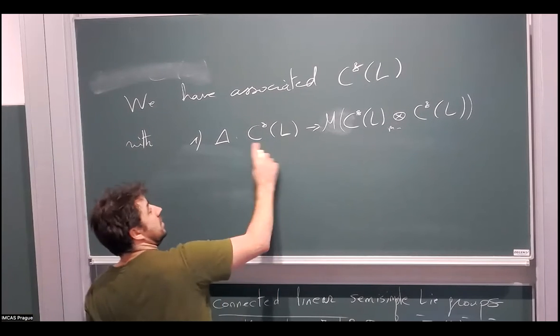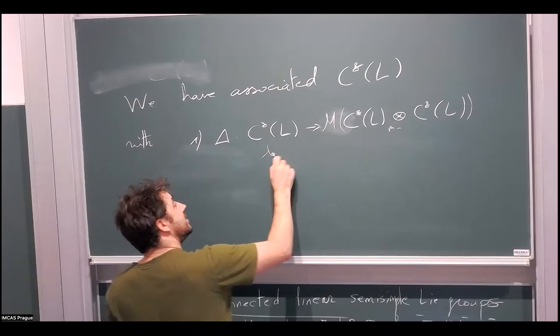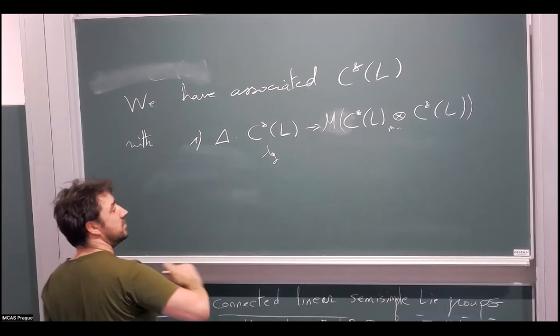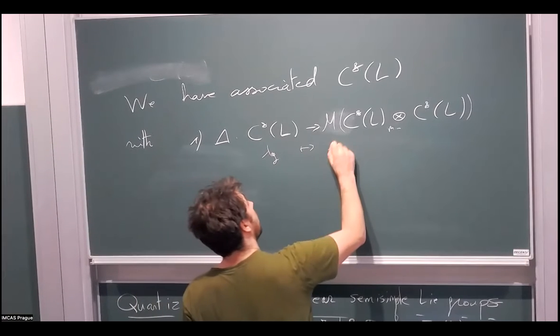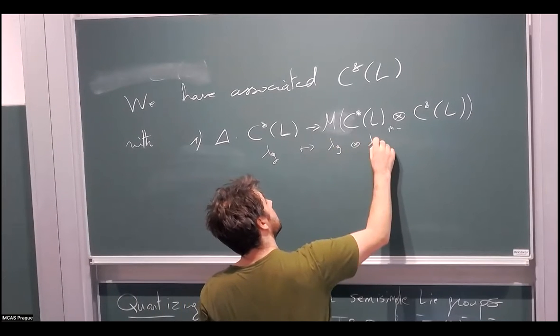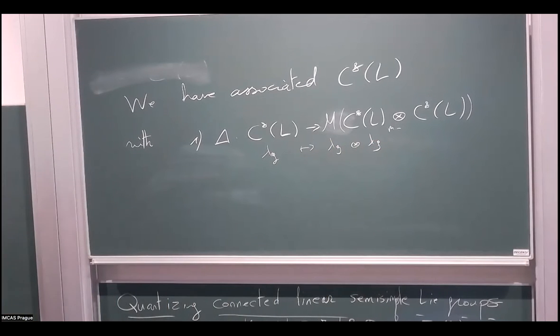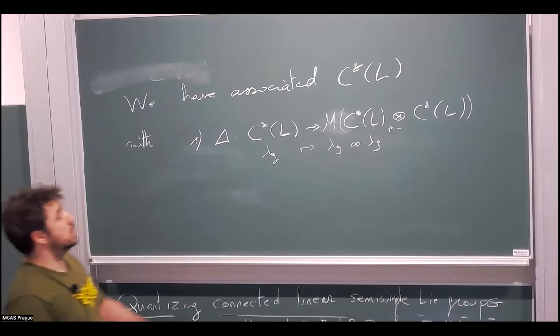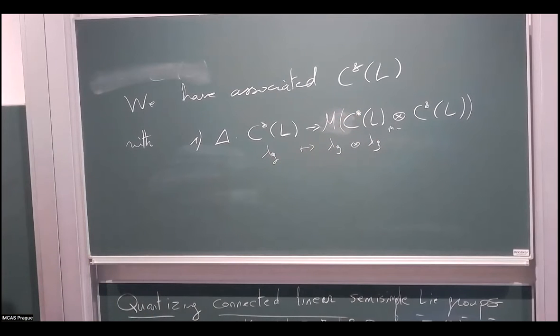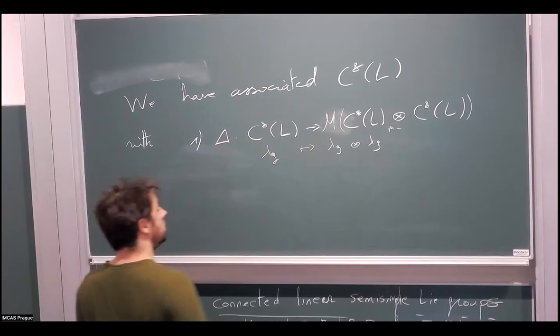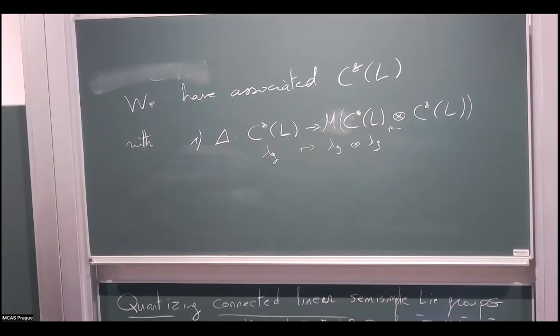Inside the multipliers, I can think of unitary generators given by shifts by group elements. These will be sent to this. And then the point is that the C-star algebra together with this coproduct, you can recover the group. So it gives a one-to-one correspondence between groups and certain C-star algebras.